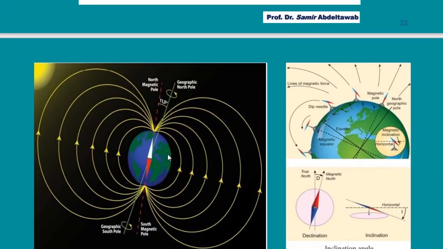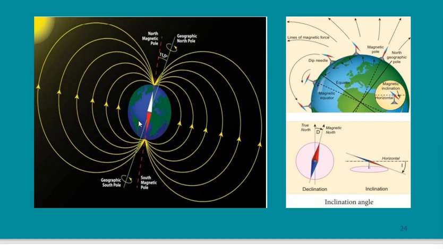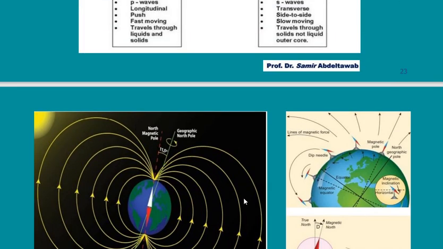The last thing we need to know, also for info, which is important for our general knowledge, is something called the inclination and the declination. Do you know something called geographic north and true north?